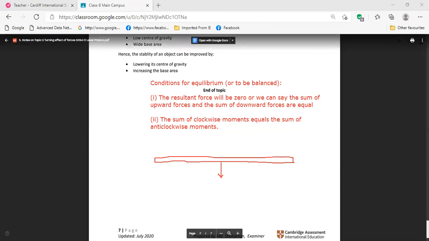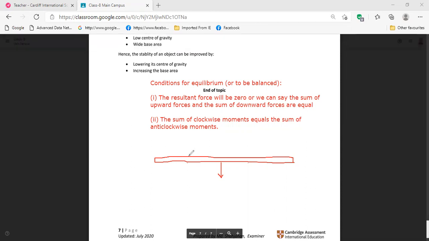I'll tell you when you have to draw. It is about the first condition of equilibrium. Like this one is a plank, and this plank has some weight.